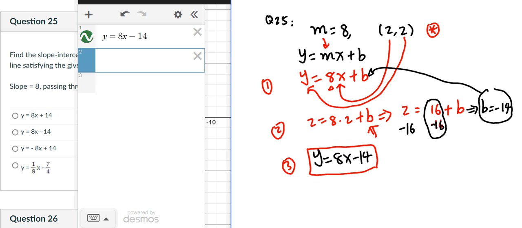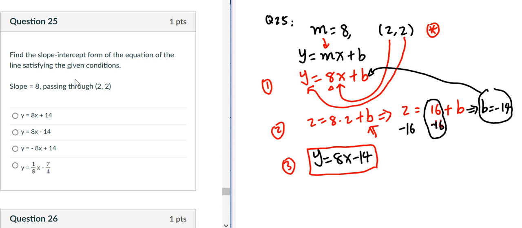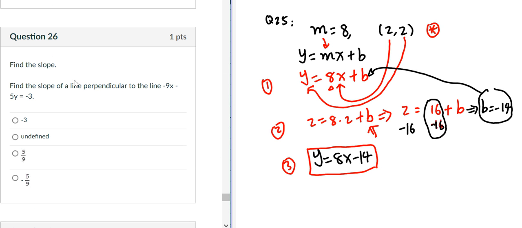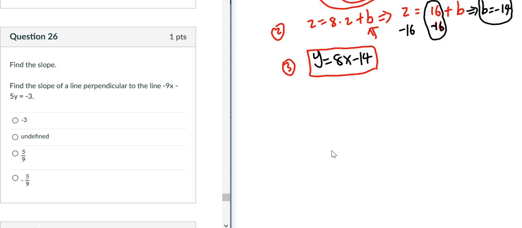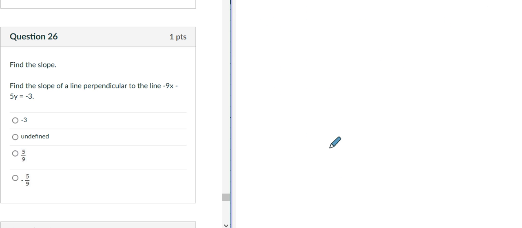Now we do question 26. Question 26, we want the slope. We want to find the slope of a line perpendicular to the line 9x minus 5y equals negative 3. So let me write down the equation on the right-hand side.